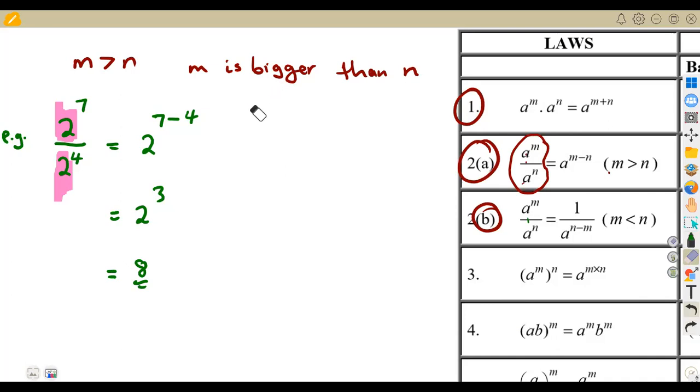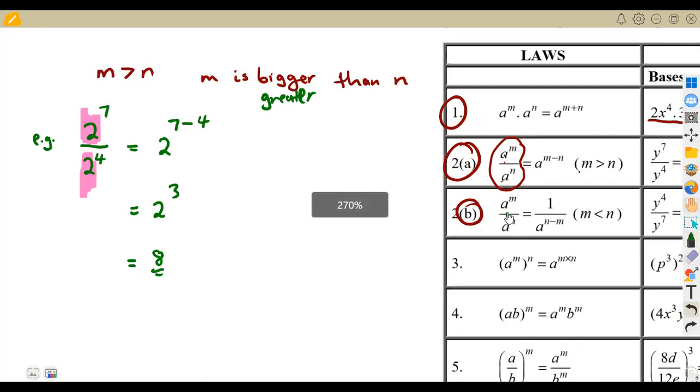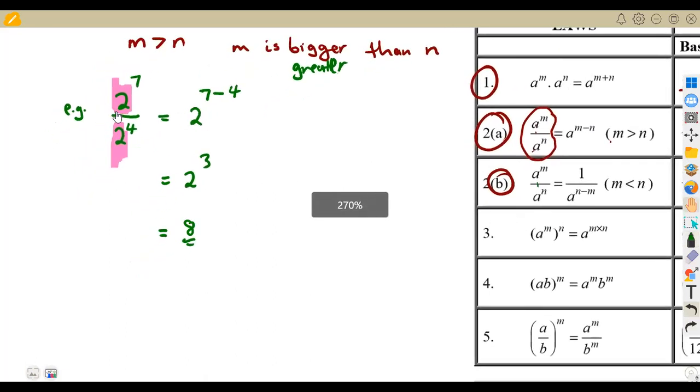All right, so if you consider this, we consider that m is bigger than n, is greater than n. But from the same law that we are talking about here, that we are dividing, let's say this number was smaller. Let's get it as a reverse.